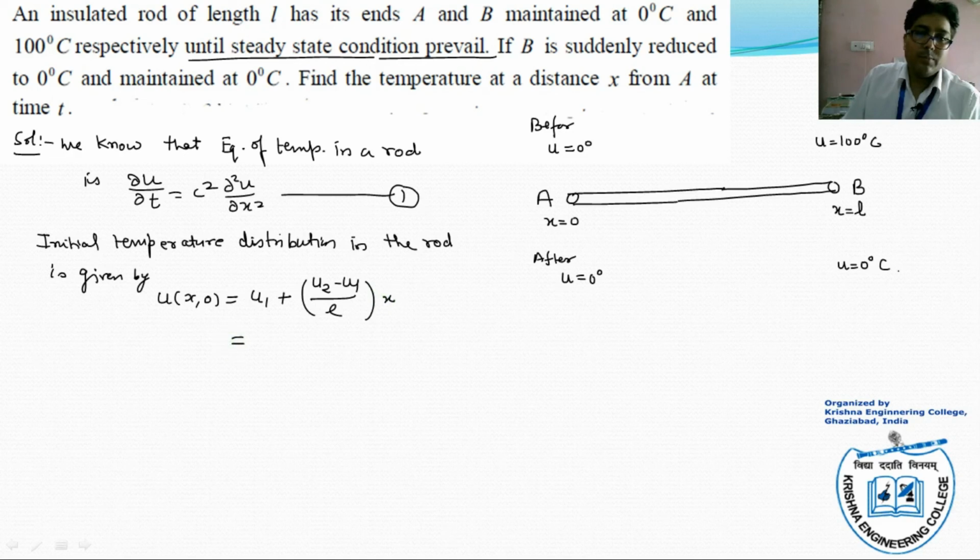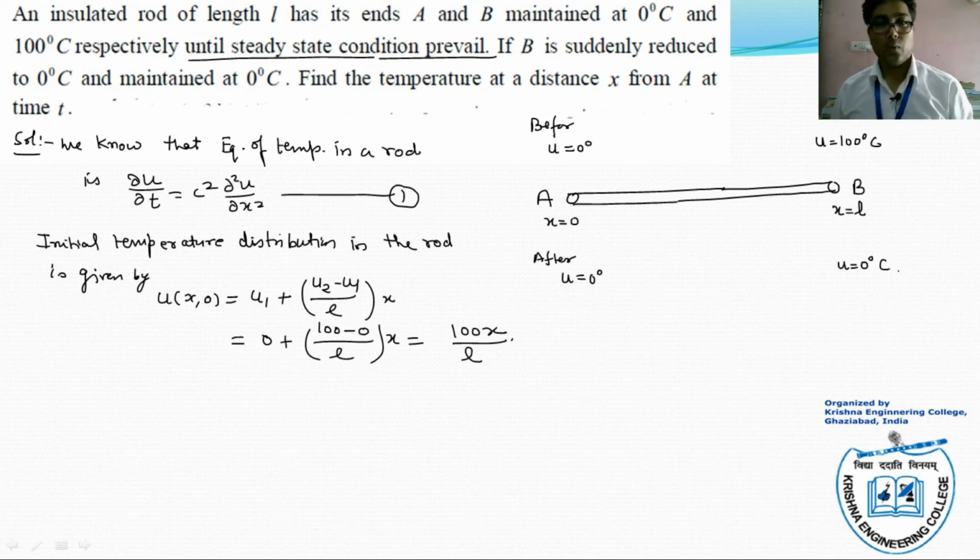So this becomes 0 plus, u2 is 100, (100 - 0)/L into x. So this becomes 100x/L. Clear? u(x,0) = 100x/L. This is the initial temperature distribution in the rod.